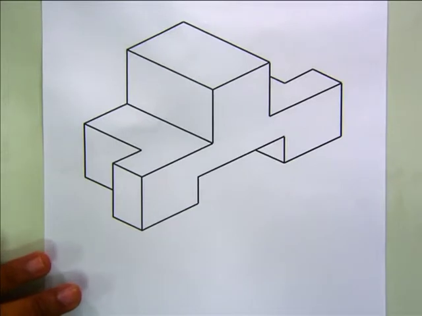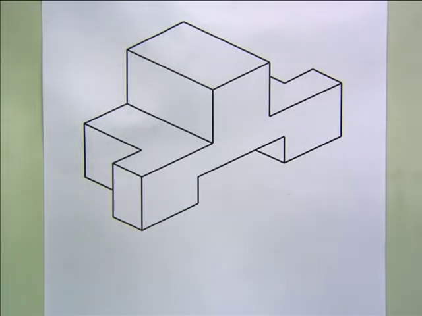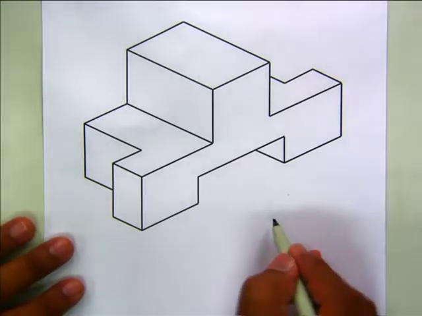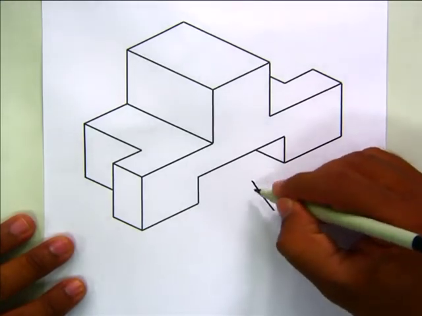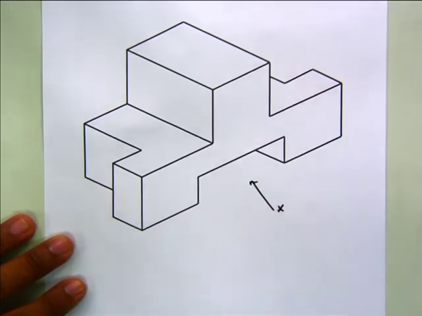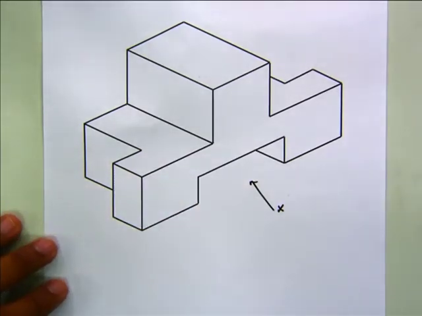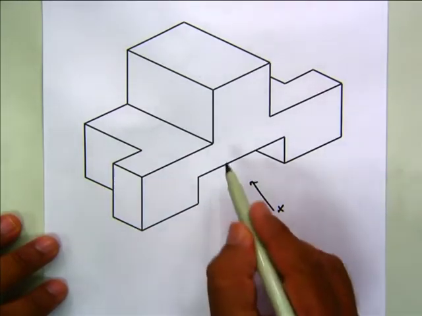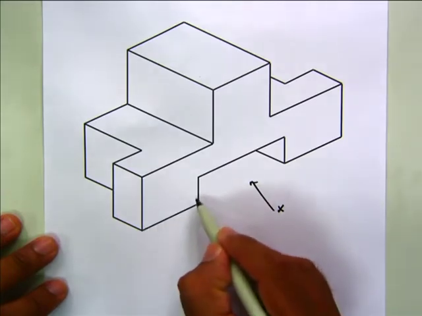This is one object. We are viewing from the direction X. Using the first angle projection method, we are learning the first angle projection method. All the drawings which we are doing are by the first angle projection method. When we are viewing, we can see only this face.